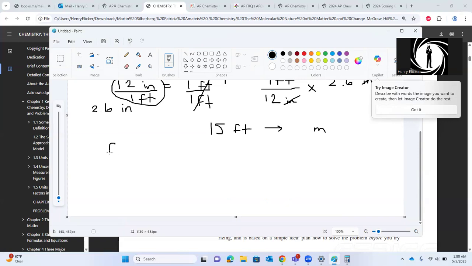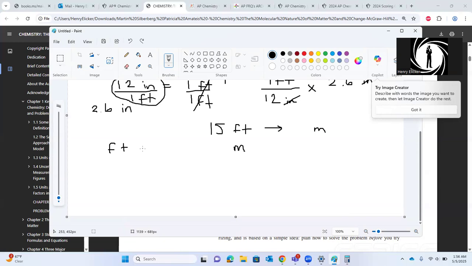Let's say we want to go from feet to meters, but here's the problem.